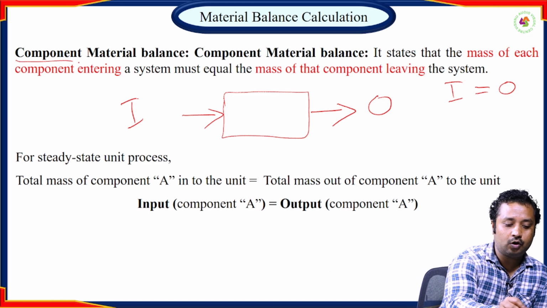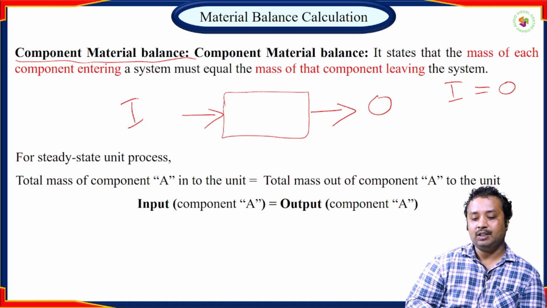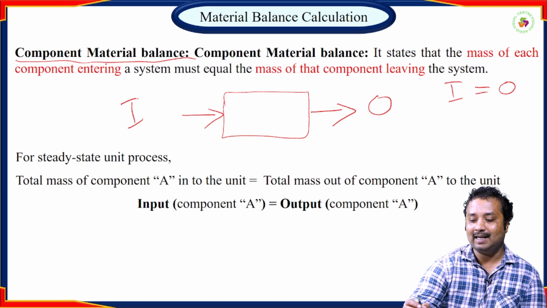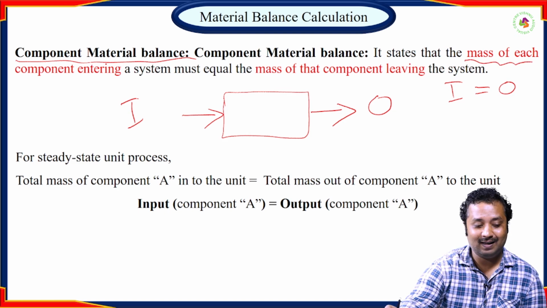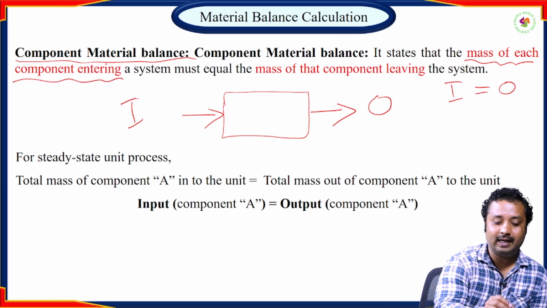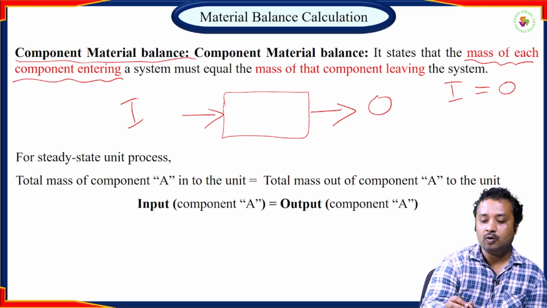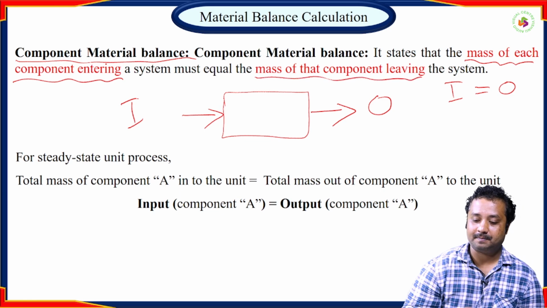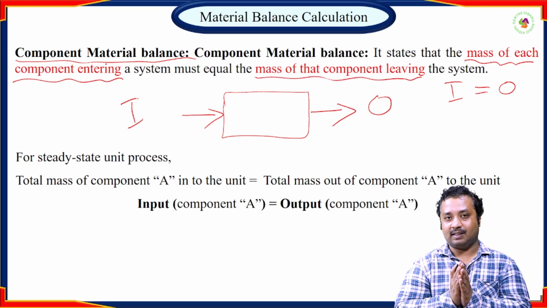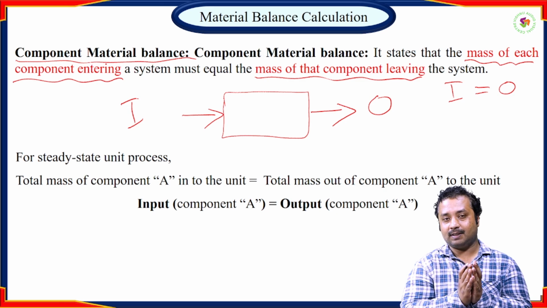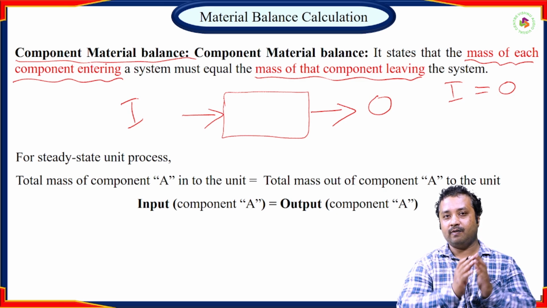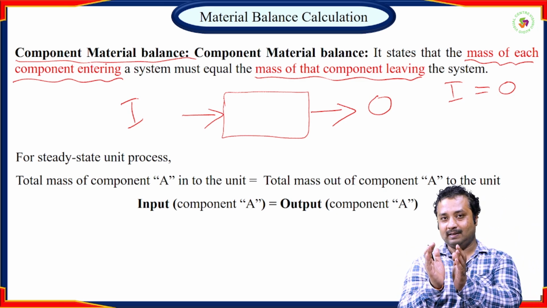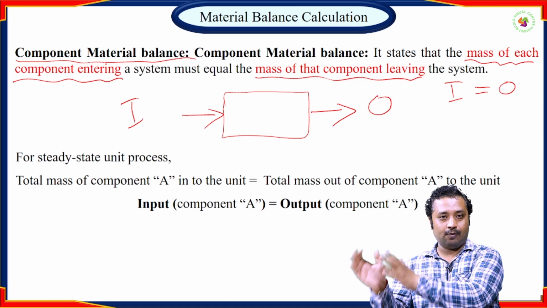Now we will discuss component material balance. What is component material balance? It states that the mass of each component entering must be equal to the mass of each component leaving. In total material balance, what is the difference? We take into consideration the total mass entering and the total mass going out.